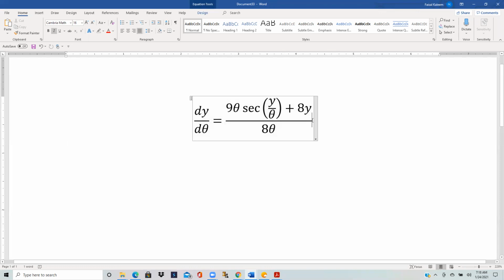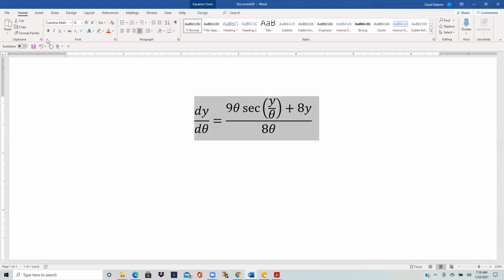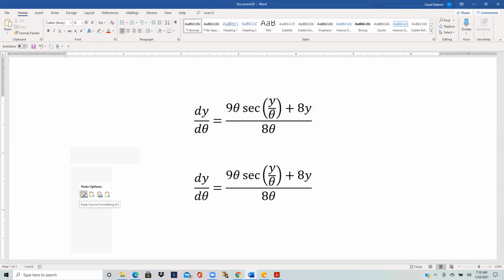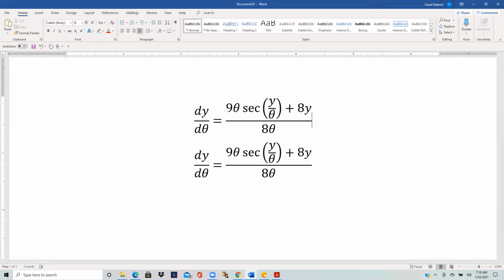However, if we divide the numerator and denominator by theta, which we can do, we can always divide the numerator and the denominator of a fraction by the same thing. So when we divide this term by theta, this theta goes away.